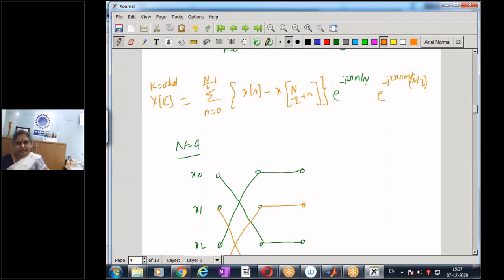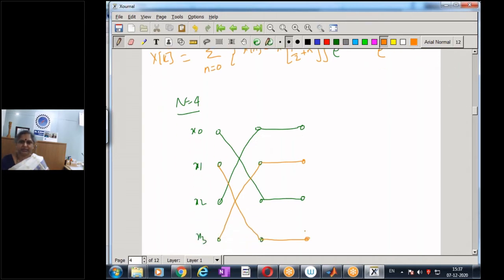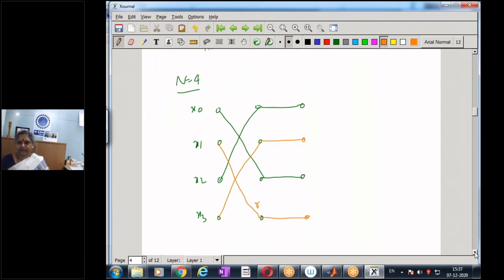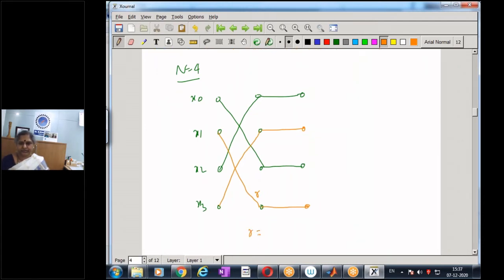That is nothing but e to the power minus j pi by 2, which is minus j. So this is my branch gain, say gamma, where gamma is equal to e to the power of minus j 2 pi by 4, which is equal to minus j. This is the branch gain.